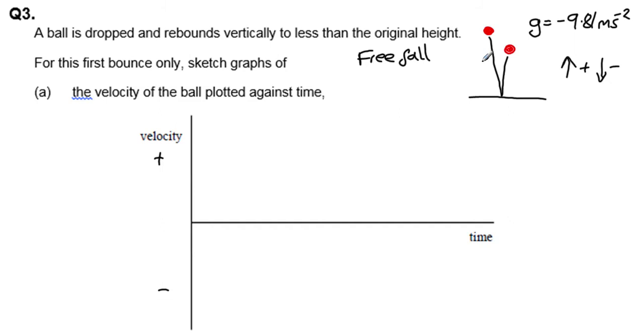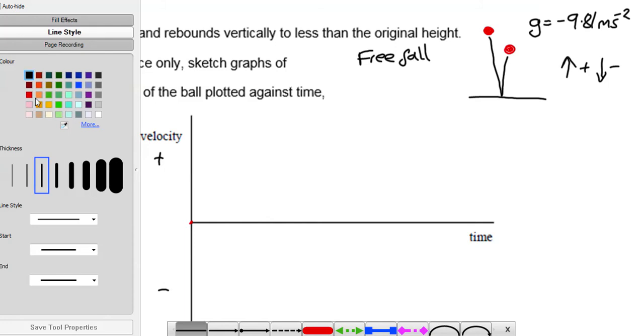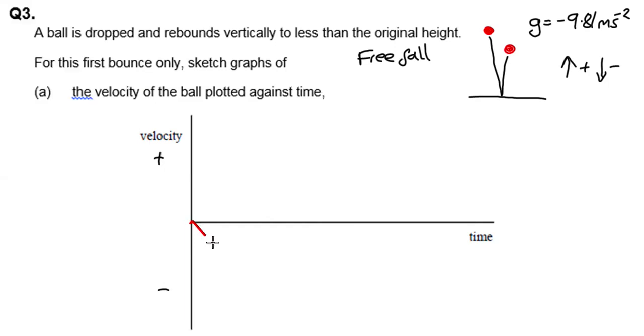So let's think, what is this ball going to be doing when we first let go of it? Well, it's going to be travelling downwards. It will start at 0 velocity, and it will travel downwards, and it will accelerate. It'll be under constant acceleration, because it's just a constant accelerating force due to its own weight, so it'll accelerate downwards at a steady rate.